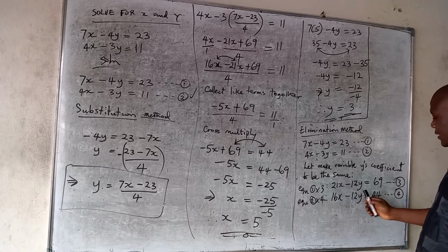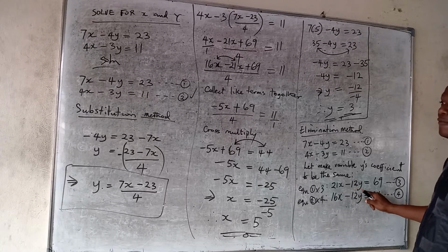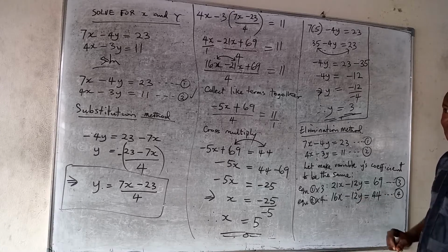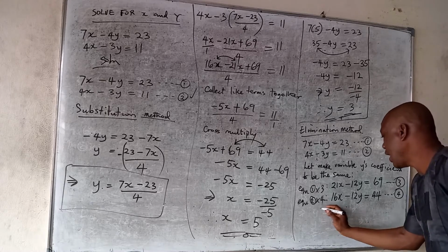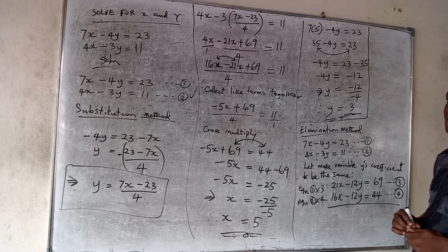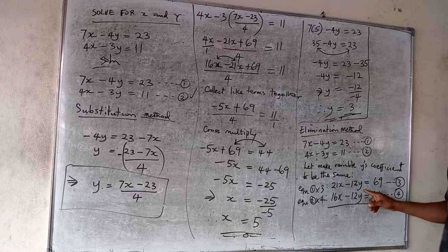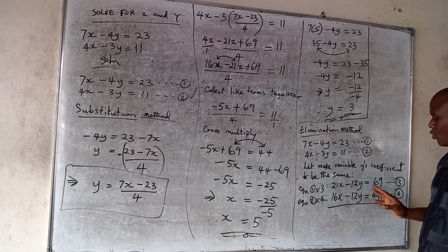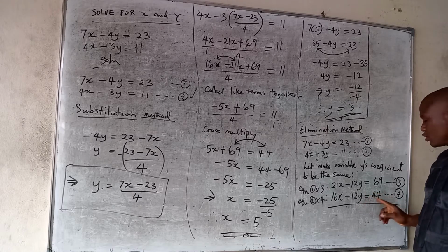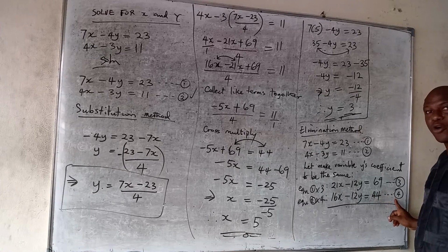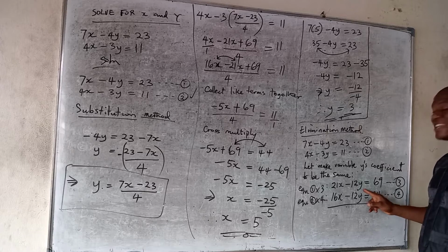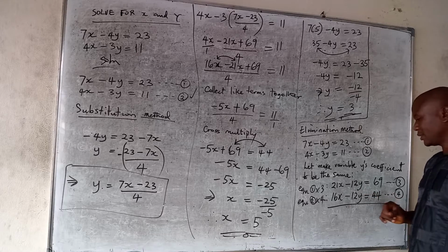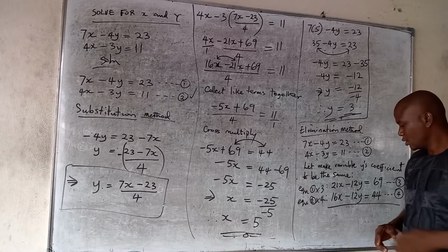From here, you can see that the coefficient of y is the same. Then the big puzzle is, how can you eliminate the variable y? What you must do is to subtract equation 4 from equation 3 or vice versa to eliminate the variable y in order to solve for x.